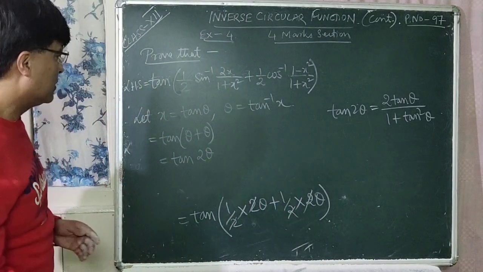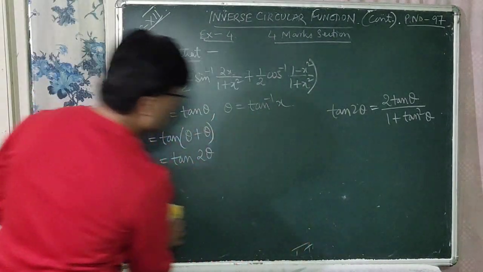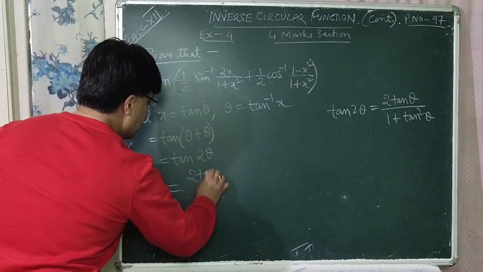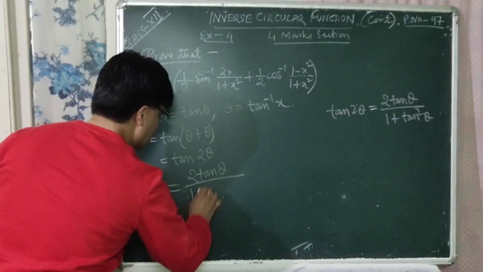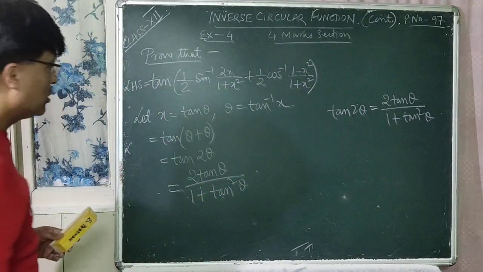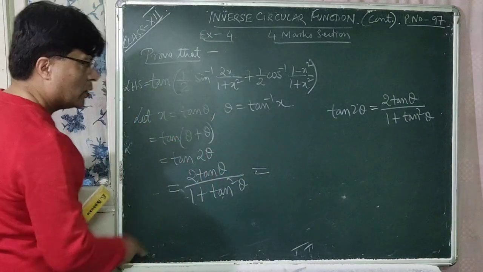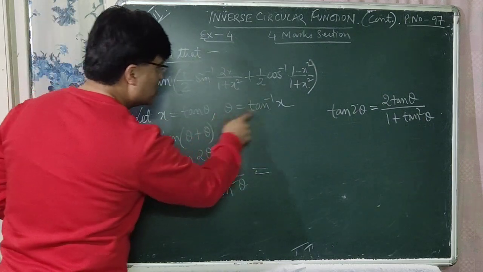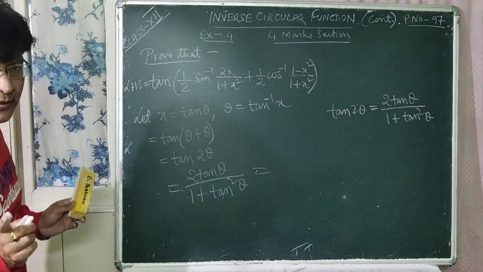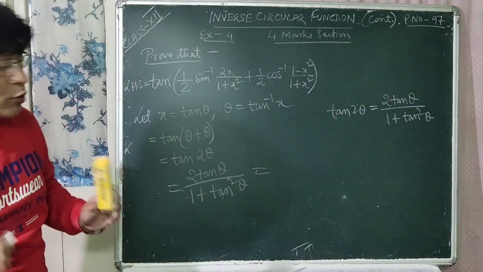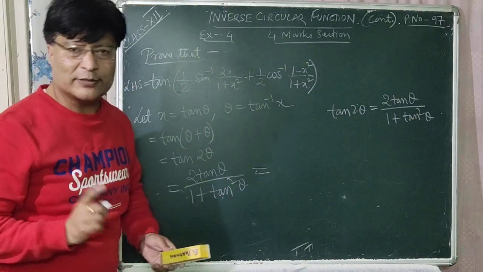Okay, so now what is the formula for tan 2 theta? It is 2 tan theta divided by 1 plus tan square theta, right? So which is equal to, what is the value for tan theta in this case? It is x. No need to use theta is equal to tan inverse x.